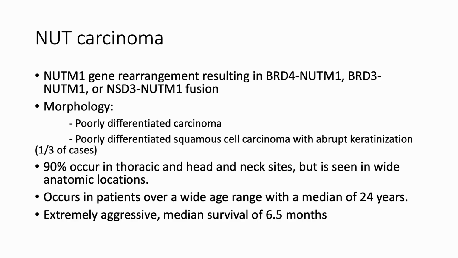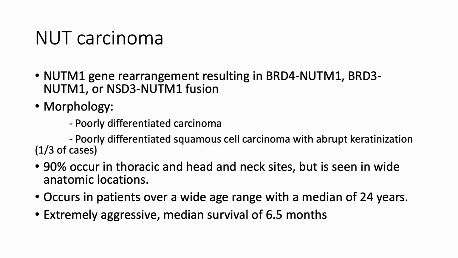NUT carcinoma most frequently arises in the lungs and head and neck region, about 90%, but the remaining 10% occur at various other sites, including soft tissue, bladder, GI tract, and so on. It predominantly affects children and young adults, with a median age of 24 years, though cases range from infancy to 82 years.